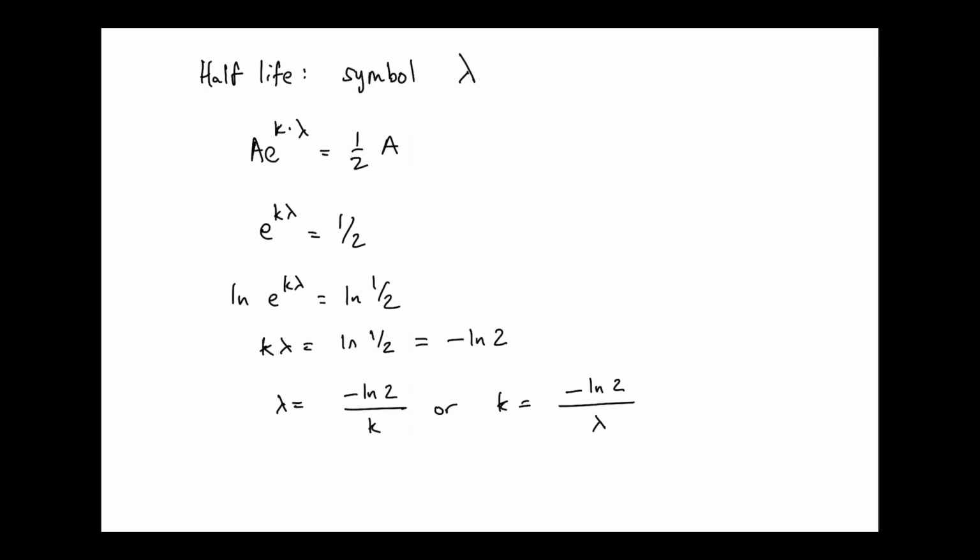Okay, so what's the orange curve? A half, okay. And how long did it take before we hit half? 5,730 years, the half-life. And then how long does it take to go from 1/2 of the amount to 1/4 of the amount?